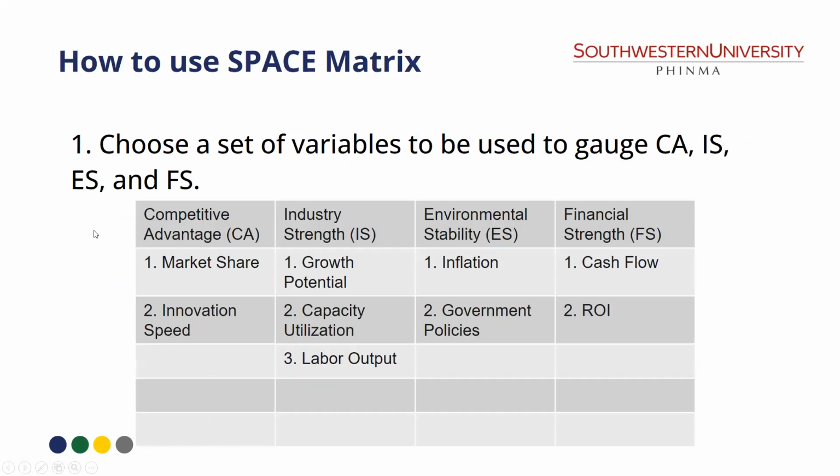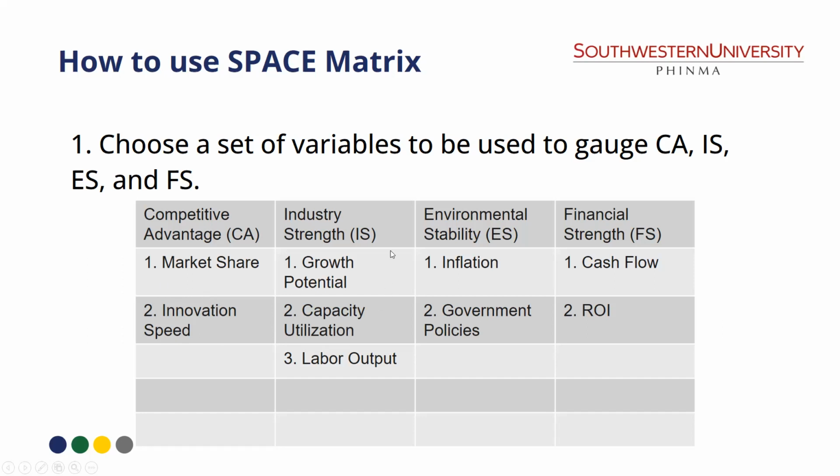So how to use the SPACE matrix? Choose a set of variables to gauge competitive advantage, industry strength, environmental stability, and financial strength. So choose a set of variables, as mentioned earlier, the factors that can determine each of these. For competitive advantage, I chose market share and innovation speed.